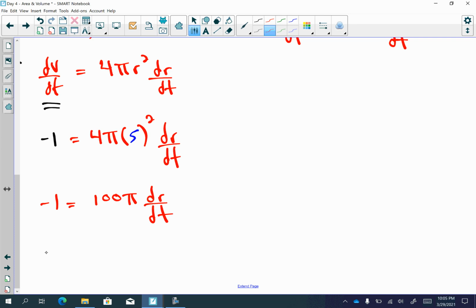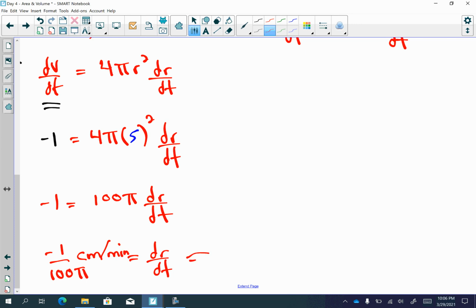I'm going to divide both sides by 100 pi, and as an exact value, this would be my answer. Now, put some units on that. It's the rate at which the radius is decreasing, so notice it's a negative, that's good. Radius would be in linear units, so it's centimeters in this case, and it's per unit of time, centimeters per minute.